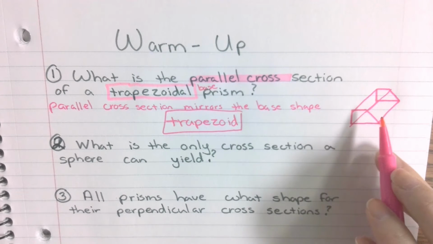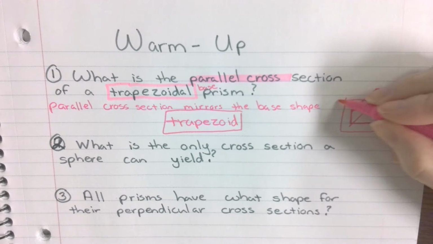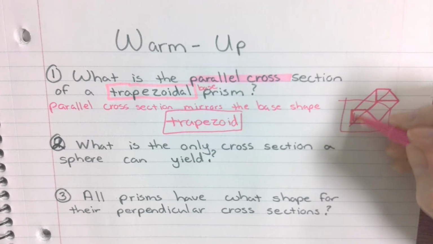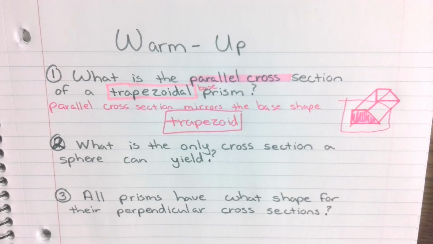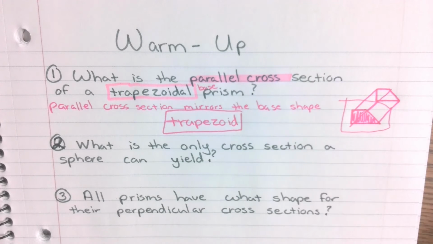And when it's a parallel cross-section, that means you're having a cross-section that's going to go right through here. So you're going to wind up getting your base shape again. Parallel cross-sections do not touch the base at all, so the base stays 100% intact. So you would just see the same shape.